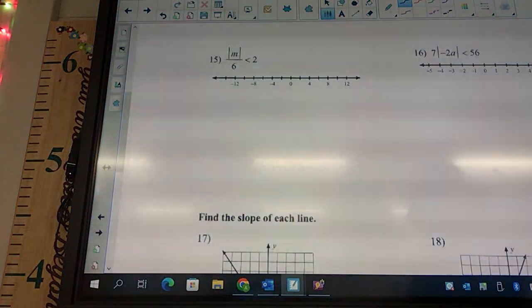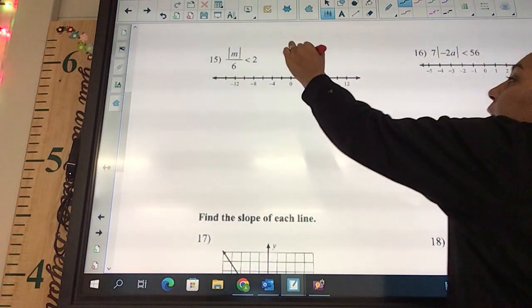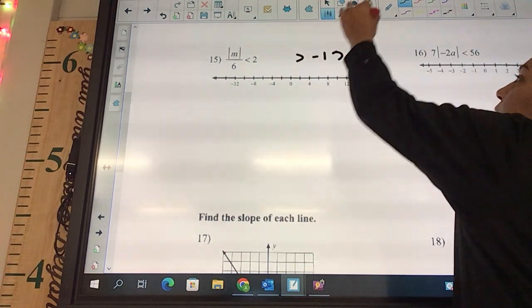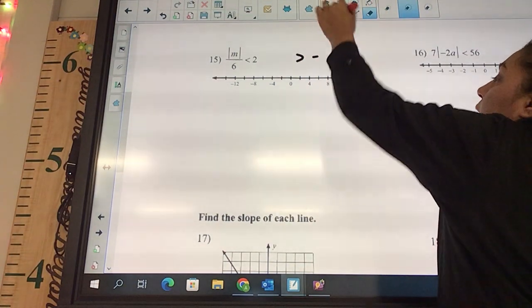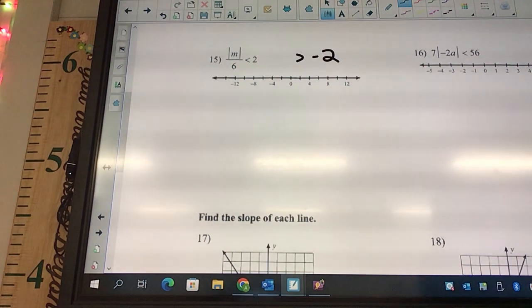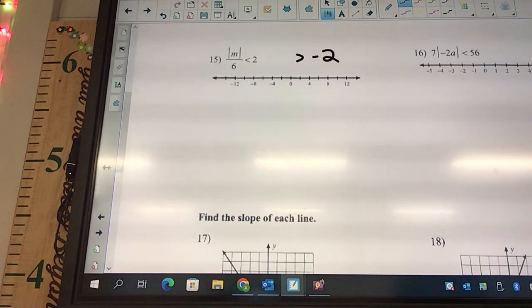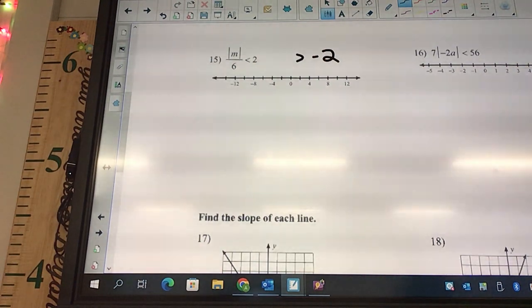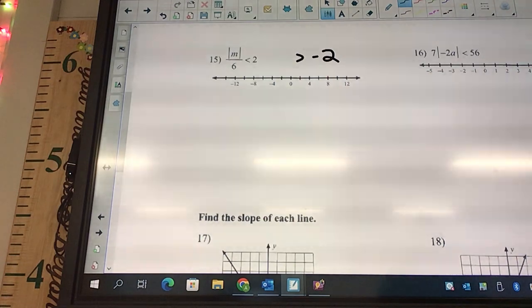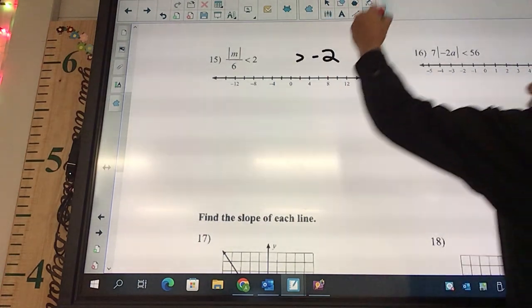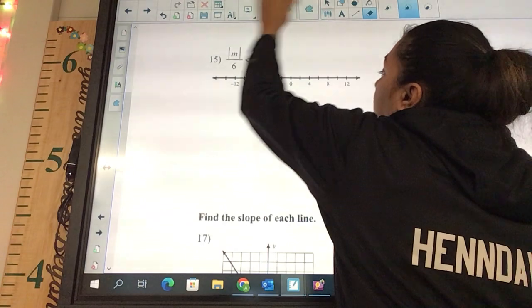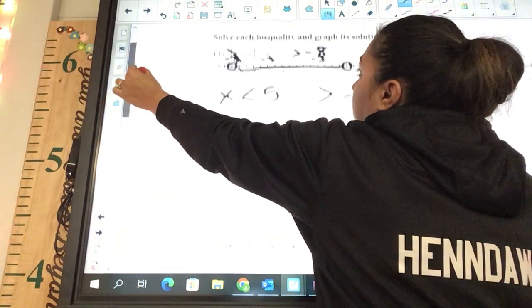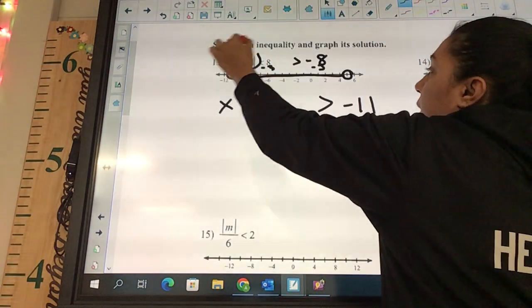Okay, 15. We're going to flip it and make it a negative 2. Oh man, I was getting ready to write 15. Okay. Now, how do I solve for m? Oh shoot, no, I did this one wrong. Scratch that. Okay, so see how there's nothing outside the bars right here?